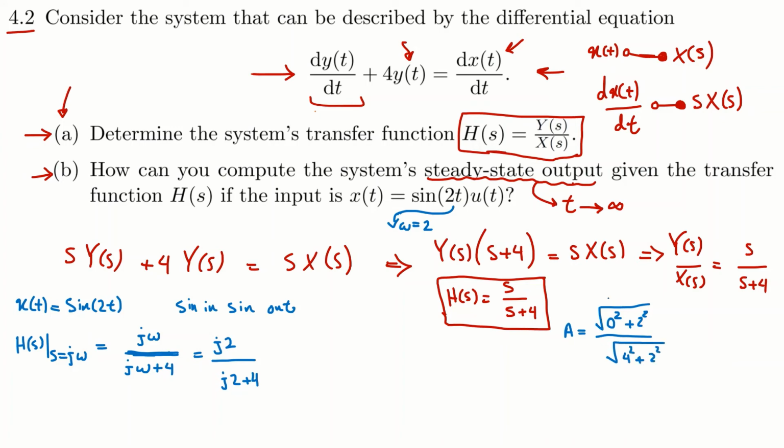You may think, how did I get this 0 here? Well, I can write this as 0 plus j2, the rectangular form, and this is 4 plus j2, the rectangular form of the complex number, and this equals 2 divided by square root of 20.